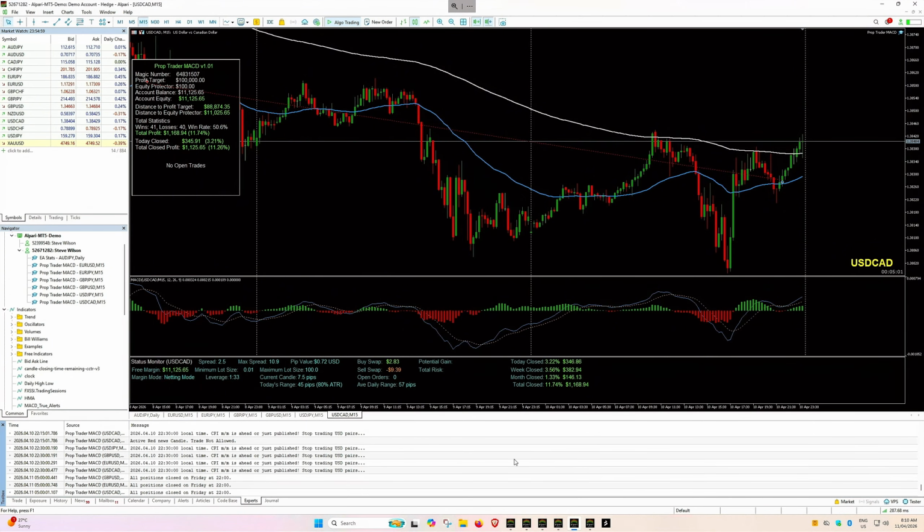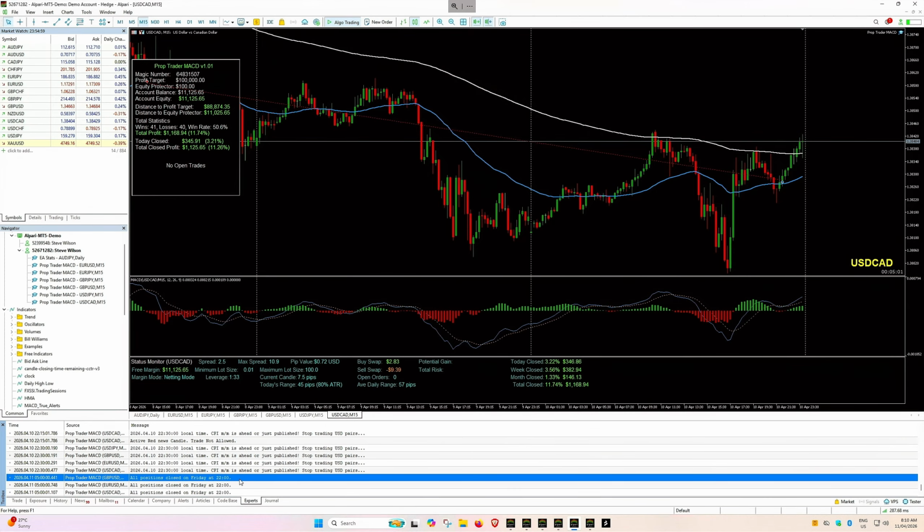We can see on the expert advisor, all positions closed at Friday 2200. So the reason that everything closed at the same time was that I don't want to keep these trades open over the weekend if I'm trading for a prop firm. So we want to close all trades at the end of the week.